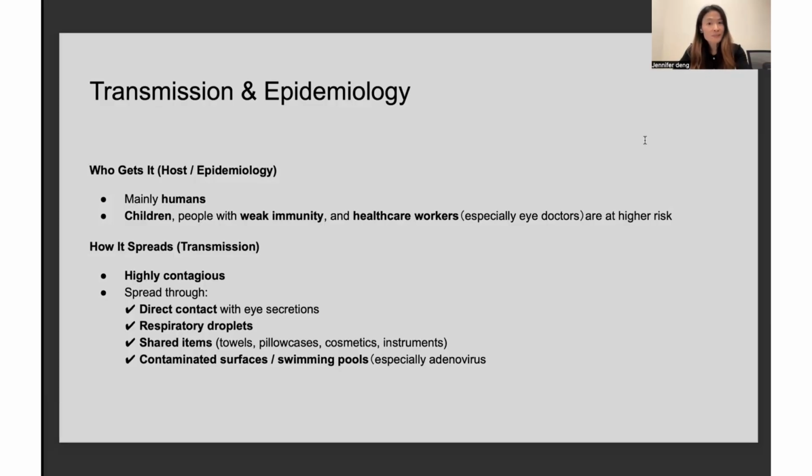The virus spreads through direct contact with eye secretions, respiratory droplets, shared items like towels or cosmetics, and contaminated surfaces or swimming pools. Patients are usually contagious for about 10 to 14 days.